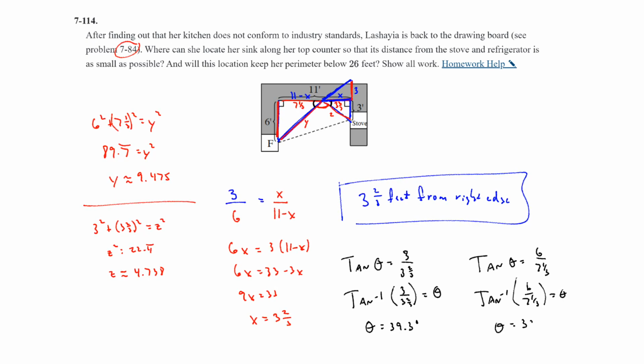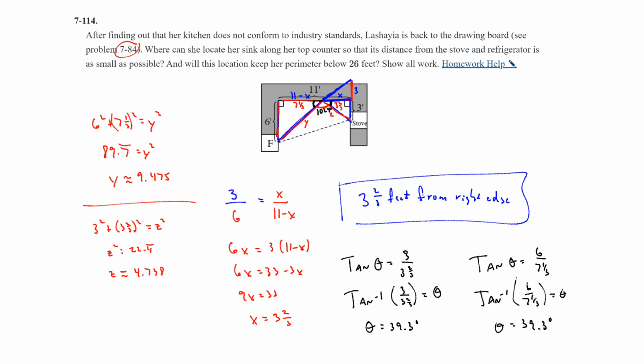And since I wasn't really thinking when I decided to plug all this in, I forgot that these are congruent to each other because those are actually reflections of each other. So they are both 39.3 degrees. So if you take 180 minus 39.3 minus 39.3, or 2 times that, that'll give you the angle that we need. And so this angle would be 101.4 degrees. I put percent, whoops, 101.4 degrees.